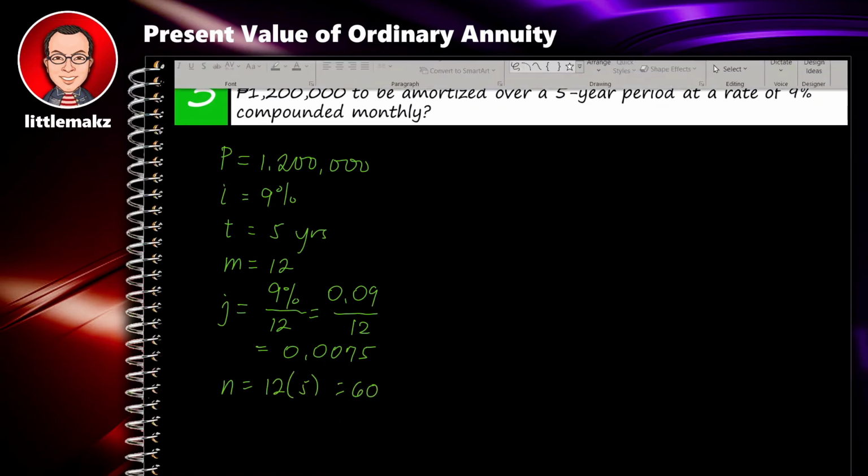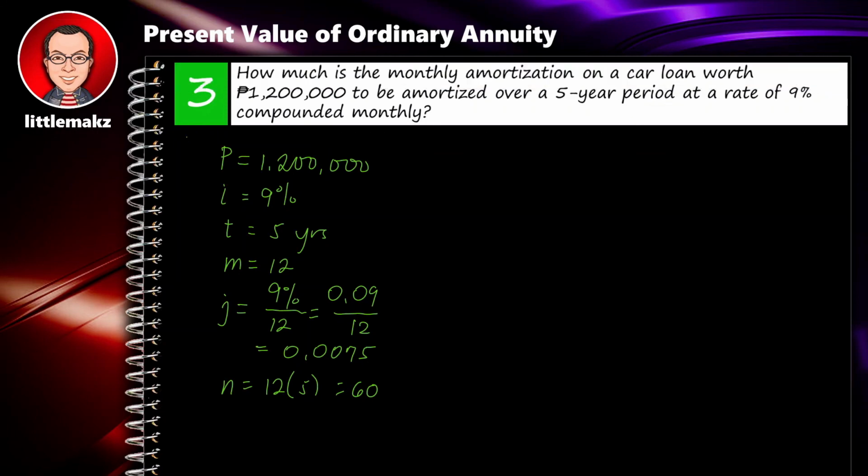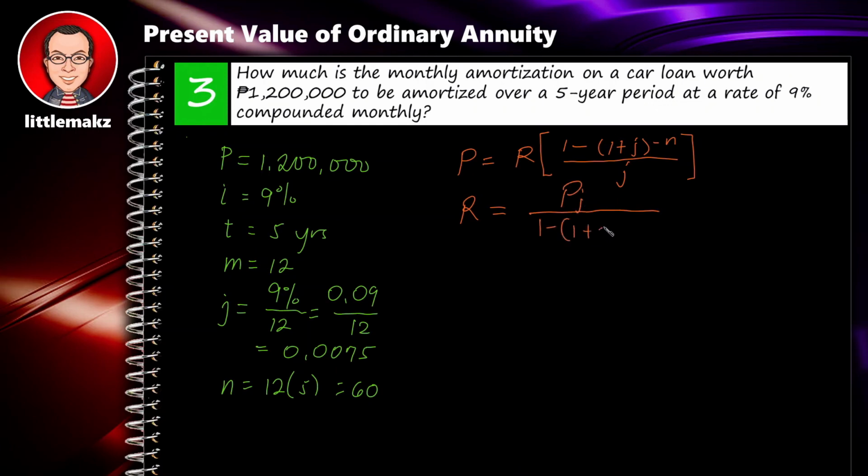Now take note that what we are looking for here is the value of R. Since P is equal to R times the quantity 1 minus (1 plus J) raised to the negative N all over J, we could say that our R equals the product of P and J all over 1 minus (1 plus J) raised to the negative N. This is simply by multiplying both sides by the reciprocal of this expression so that R will be retained.